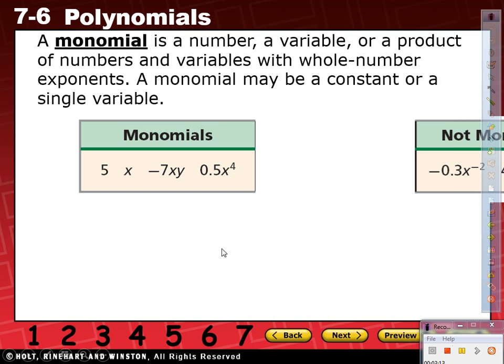Let me show you what a monomial is not. Look at this. We have numbers and variables multiplying, but look at the exponent. What is this? A -2. That is not a whole number. Look at this one. What is going on between this variable and this variable? Subtraction. But the only thing it needs to do is multiply, which is a product.